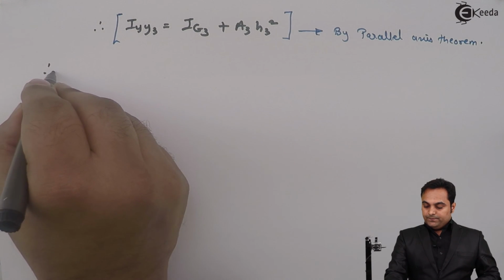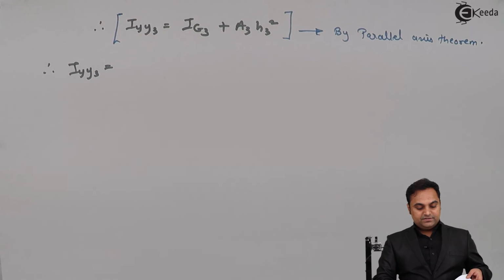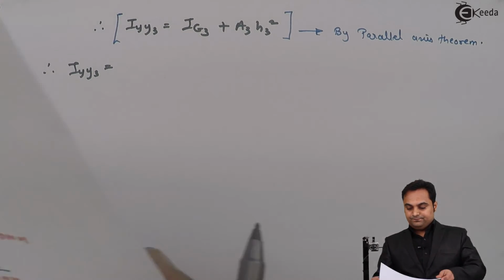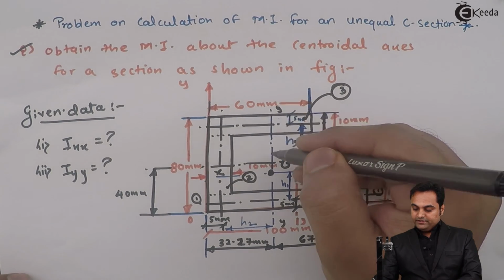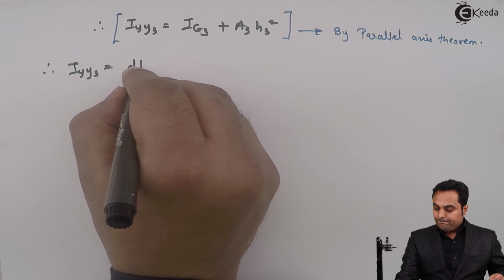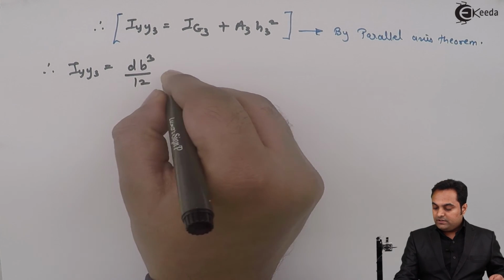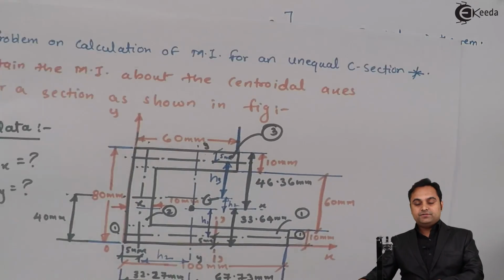IG3 is the moment of inertia for third rectangle about its y-axis, that is dB cube by 12 plus area B into D, and H3 is the difference.